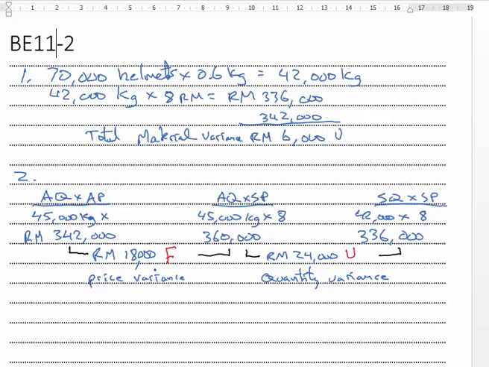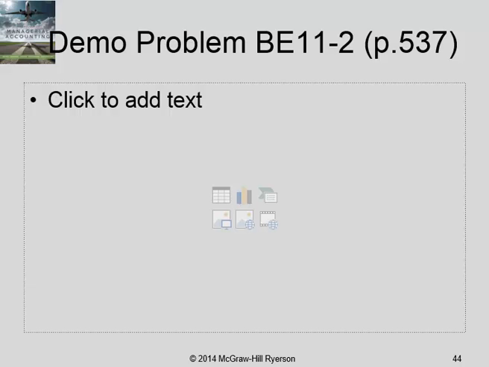So any big variance typically should be investigated. Sometimes someone's favorable variance is caused by someone's ingenuity, and you want to replicate that throughout the rest of the organization if you can. So lots of different reasons to investigate favorable variances as well as the unfavorable ones. But that concludes the exercise. Let's carry on with the rest of the lecture.